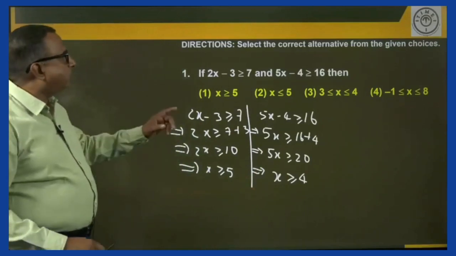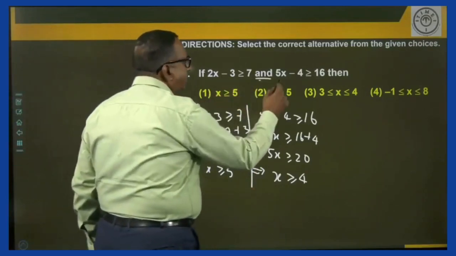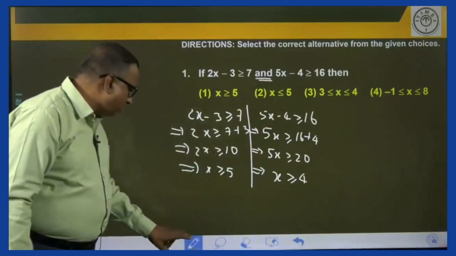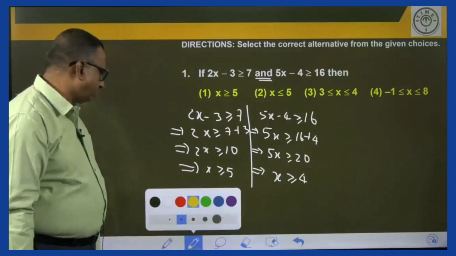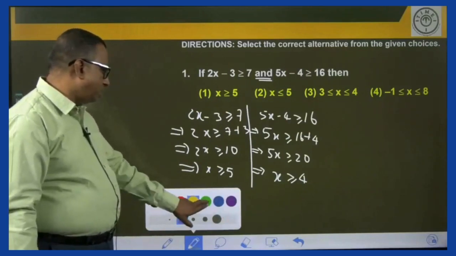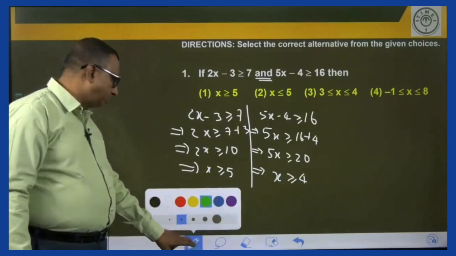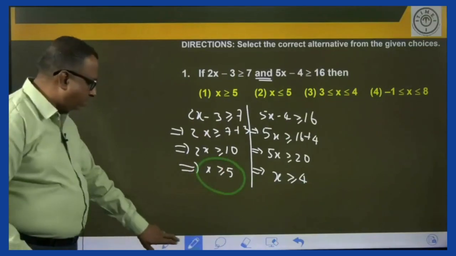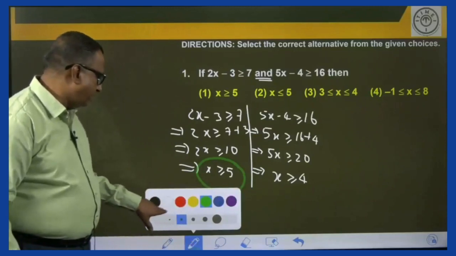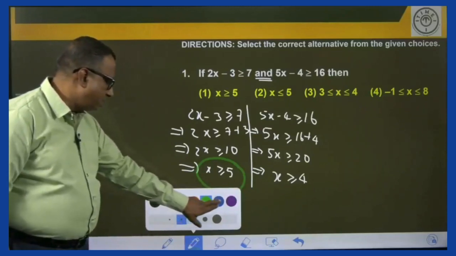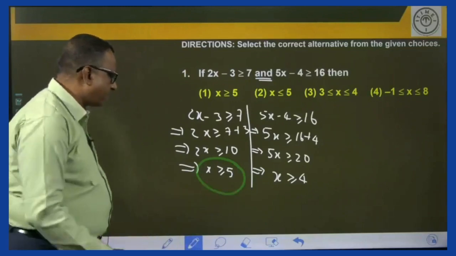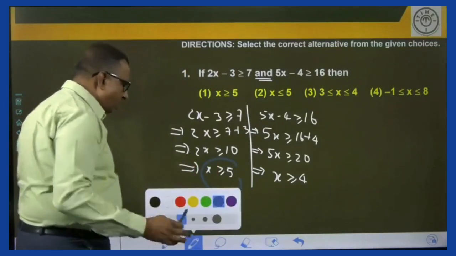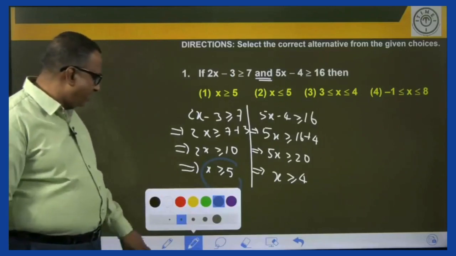See, what is given here is 'and'. That means we need this as well as that. Let me see what we need. Let me use a highlighter for a change. Okay, I will not use any highlighter; I thought it would help us.